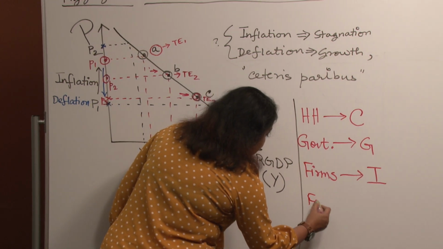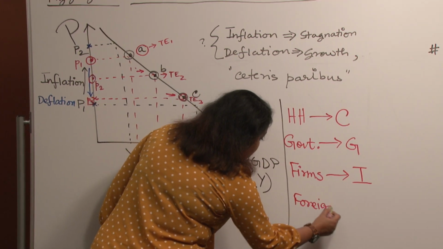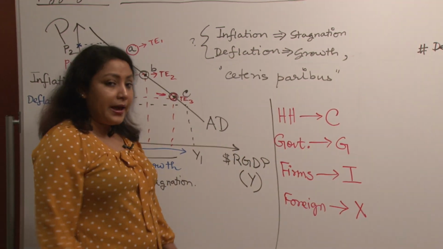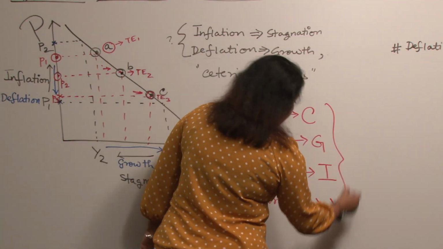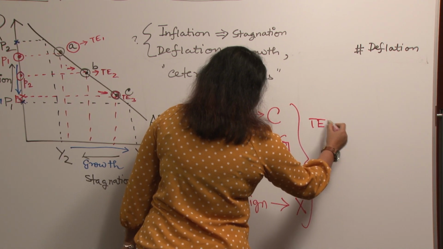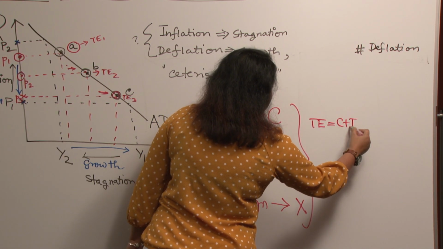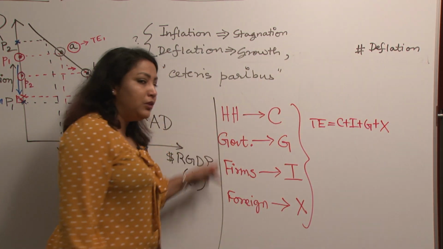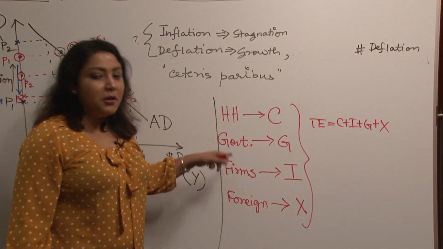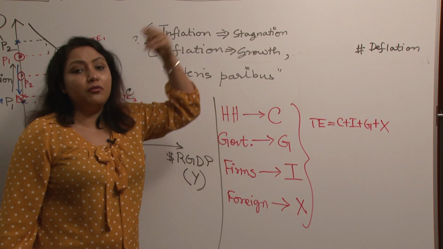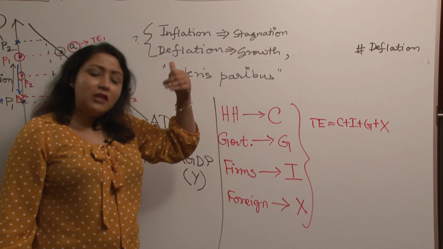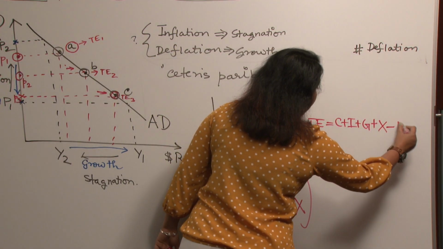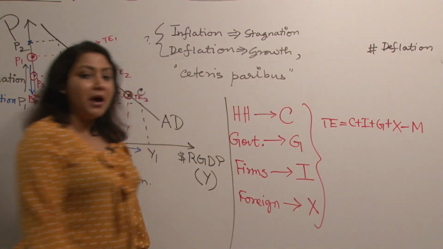So the foreign sector also spends on our goods and services, and their expenditure is called capital X. So basically the total expenditure is C plus I plus G plus X, but remember, some of this expenditure is also being made on goods that came from the rest of the world into our country. So some of that expenditure is also on imported goods. So we need to subtract the imports right there, X minus M.